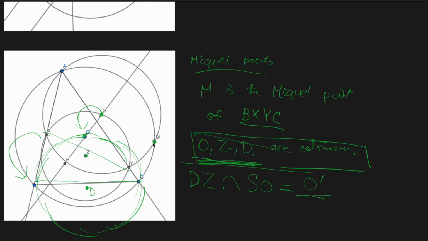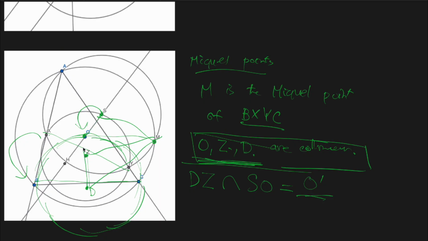Okay, so we also know that, first of all, the spiral similarity from M that maps S to O also maps Z to D, which means that these two triangles are similar and we have a spiral similarity between them.